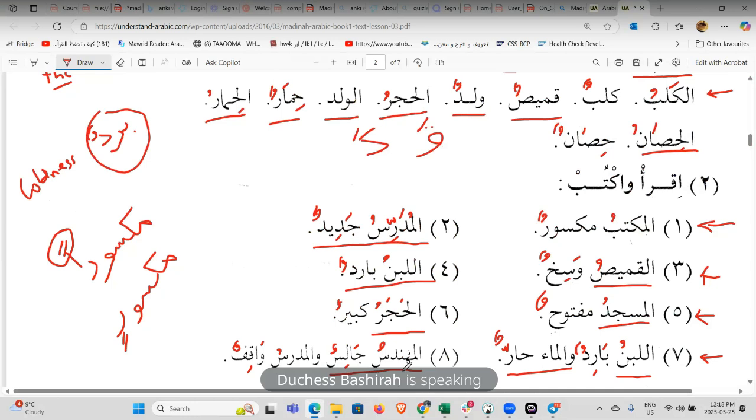Al-muhandisu is the engineer. The engineer is sitting. Okay, and the teacher is standing. Very good.